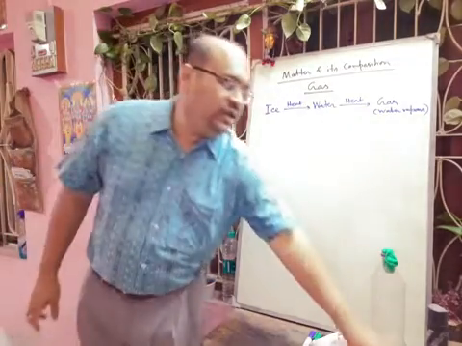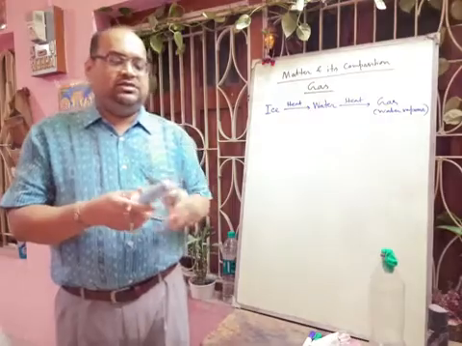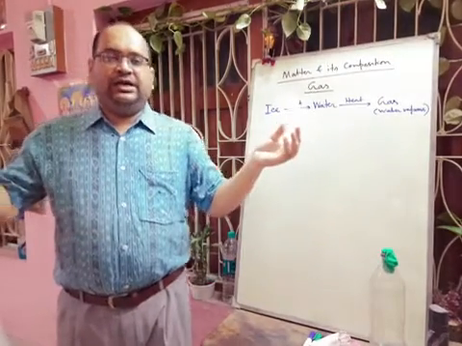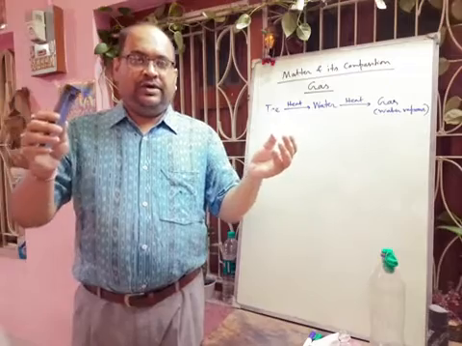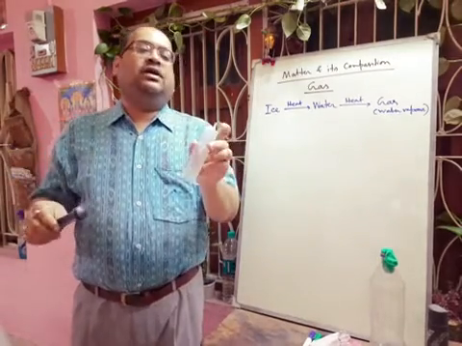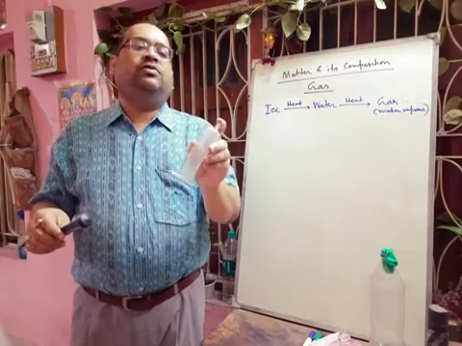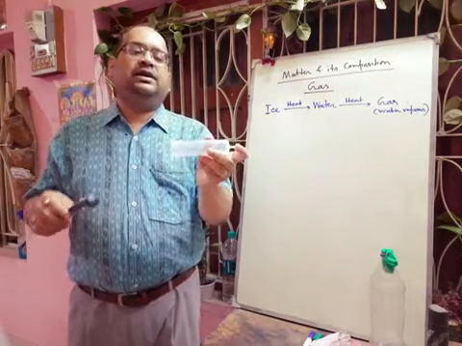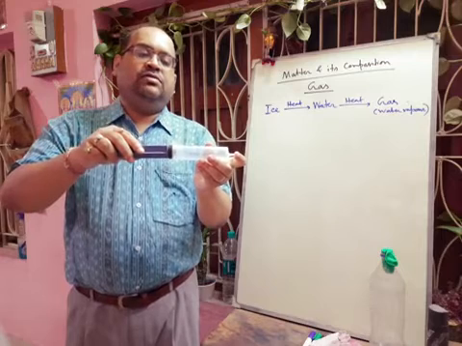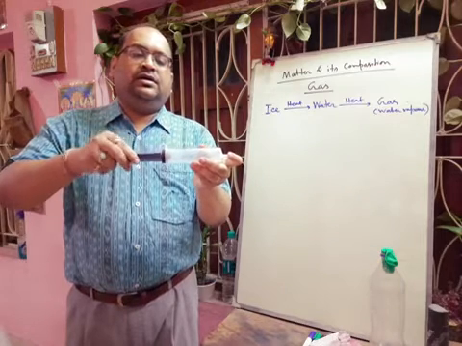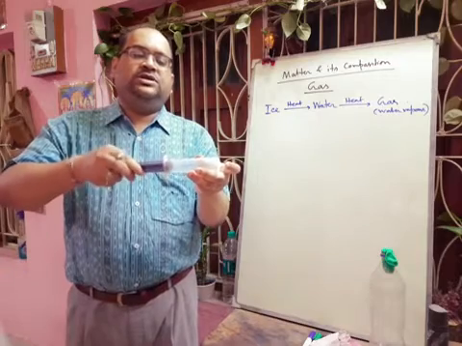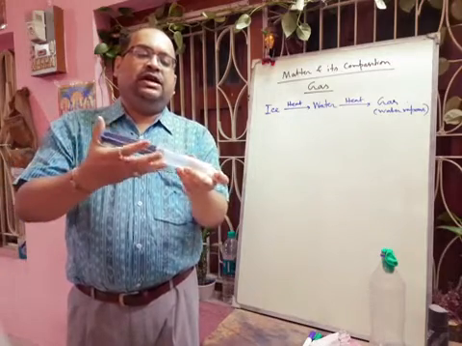Here I am showing this syringe. What is there inside? Air is there. Now one hole is there. We have to block this hole by putting this finger. Then inside there is air. Now we are putting this piston inside and applying pressure.